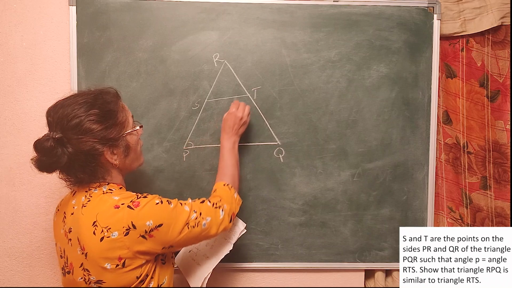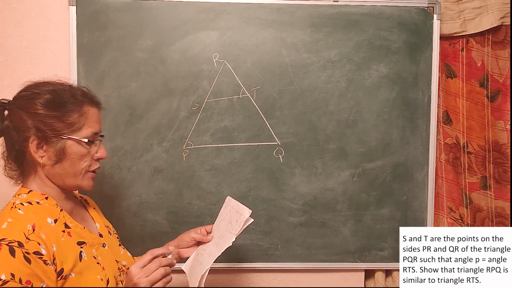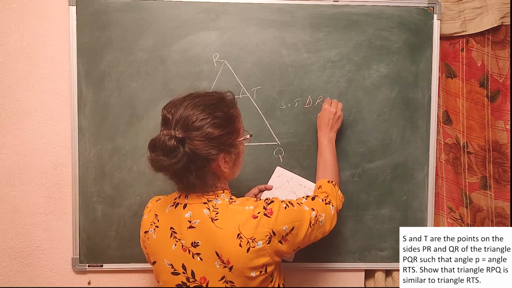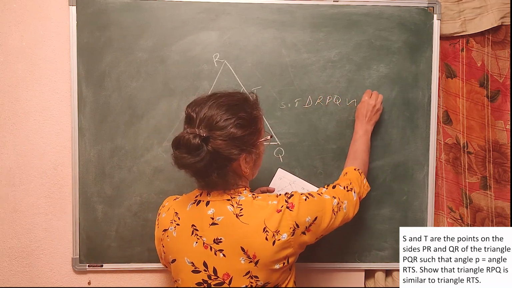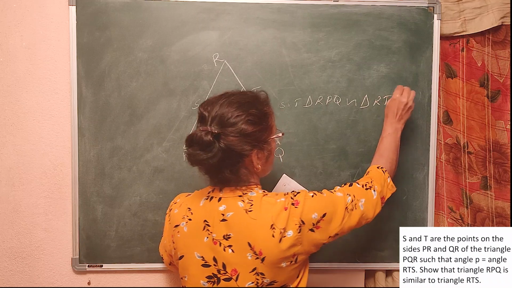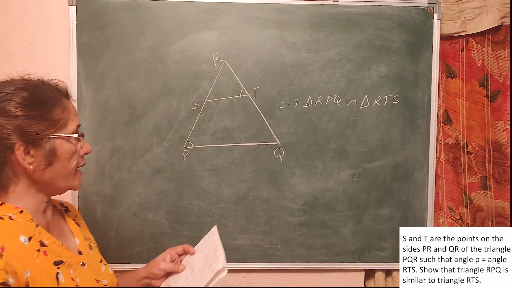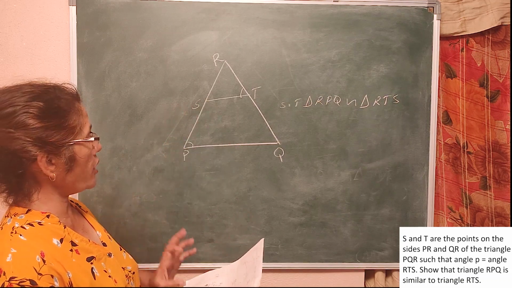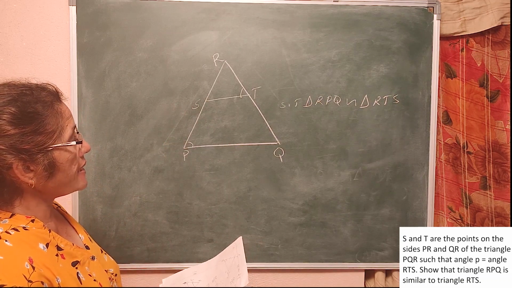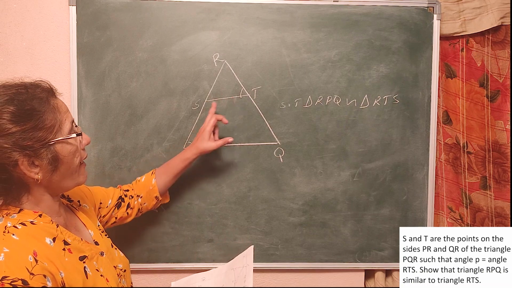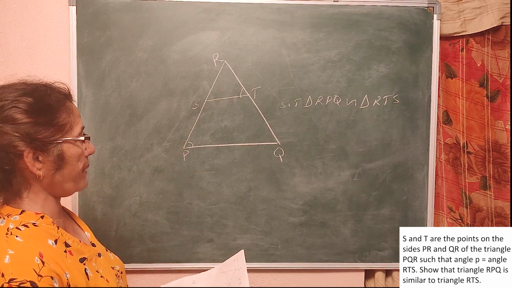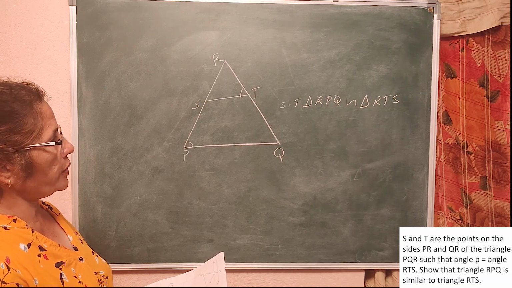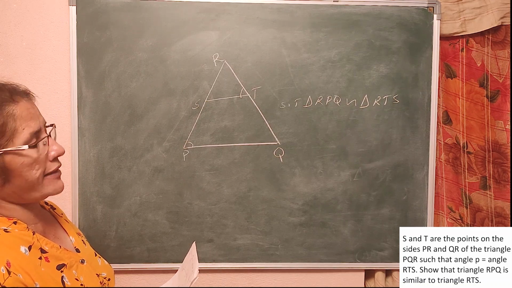Show that triangle RPQ is similar to triangle RTS. Let me repeat the question. Given S and T are points on PR and QR such that angle RTS is equal to angle P.